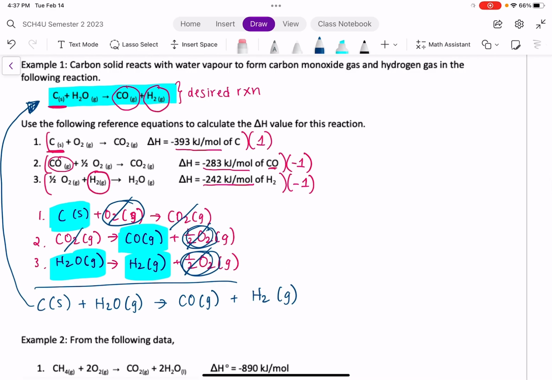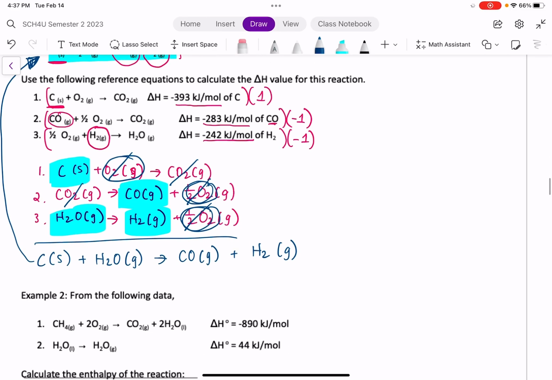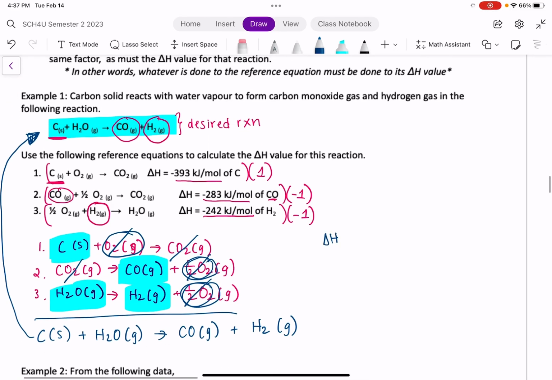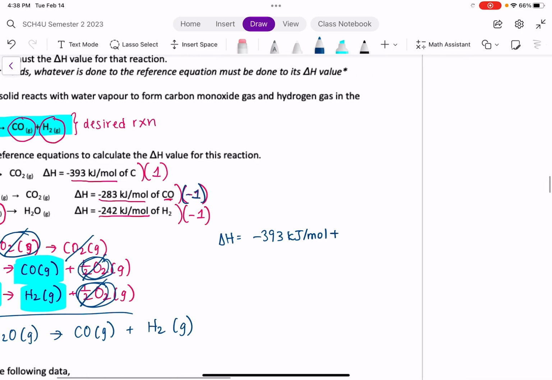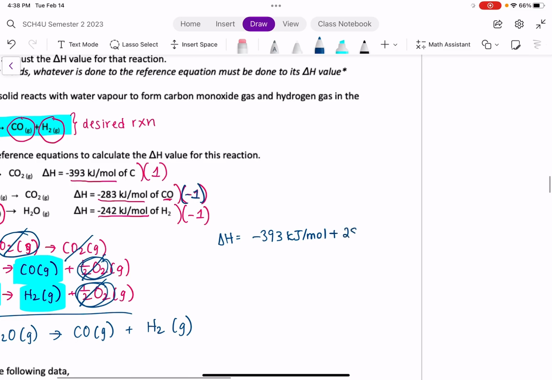So in order to figure out your delta H for this desired reaction, we can add up the enthalpy changes for each of the reference equations. So the first one is negative 393 kilojoules per mole plus, remember I've reversed my equation, so negative 283 is now positive because negative 283 times negative 1 is 283.